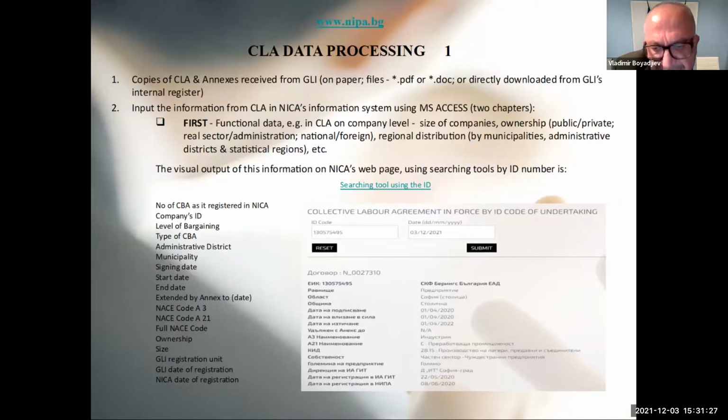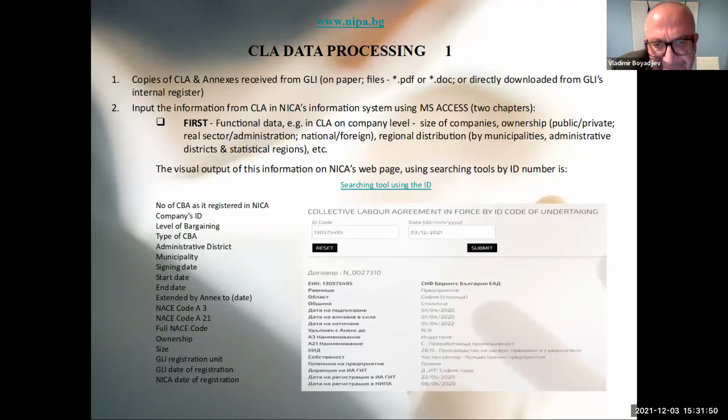And this is the collective labor agreement information about a foreign company in Bulgaria, with its ID code, and the date is today. We have this information about the collective labor agreement.